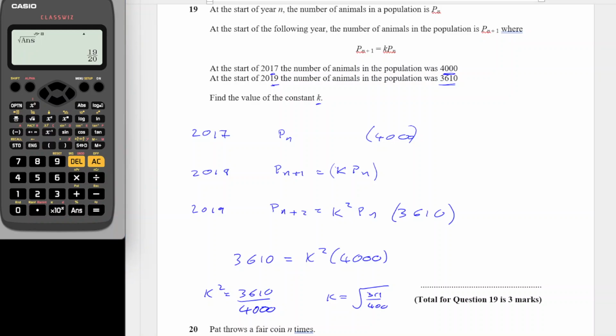So it's 19 over 20. Although you could go decimal, decimal would be 0.95. Does it ask for decimal? It just says find the value of k. 19 over 20 would be perfect.